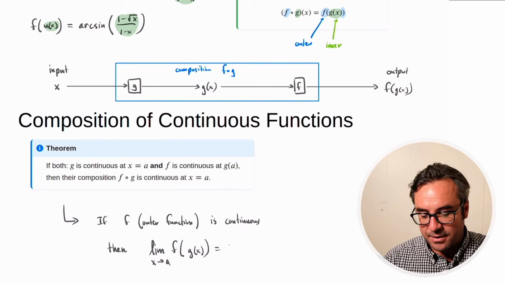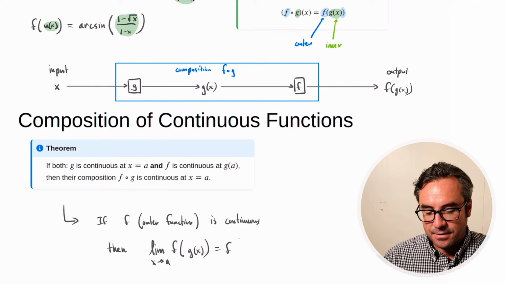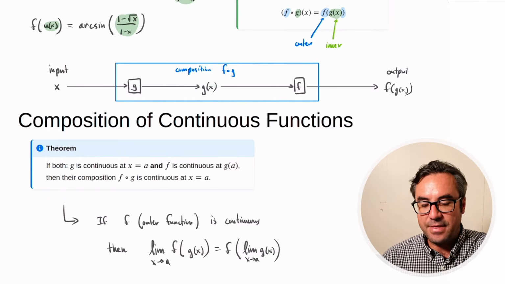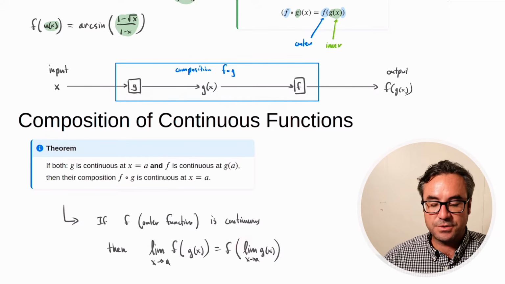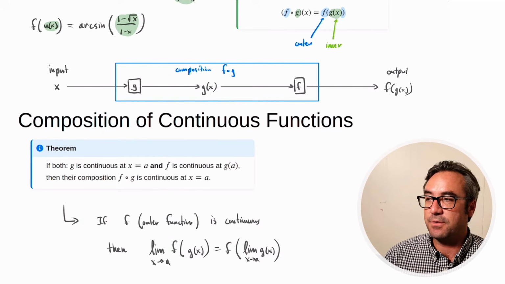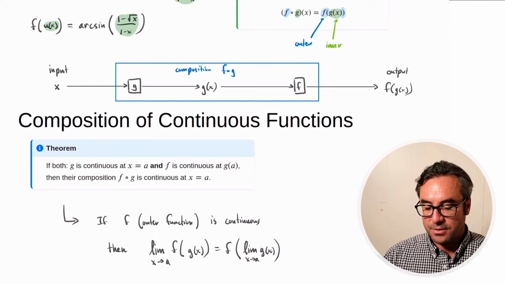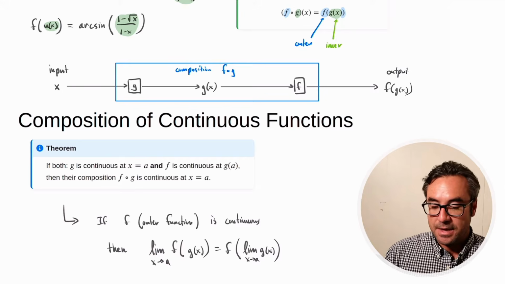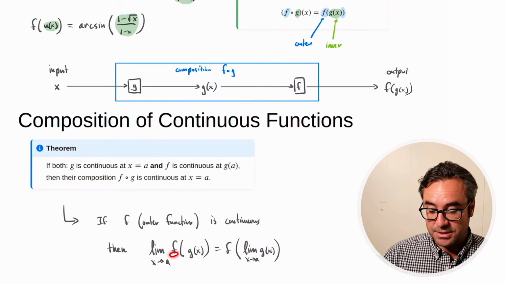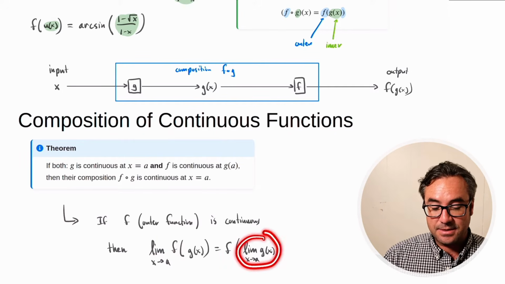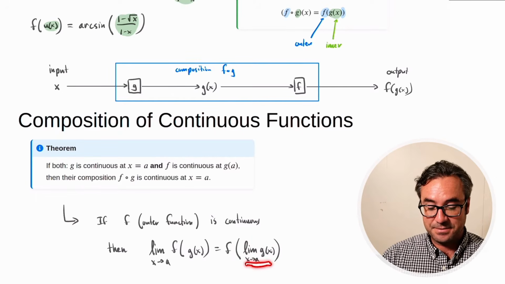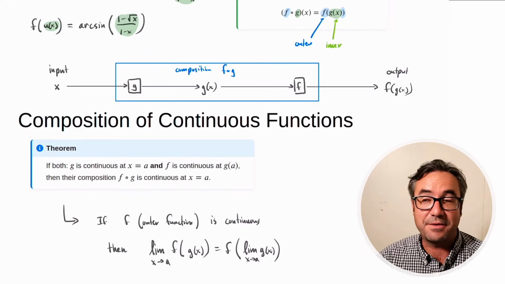So in a way, we can think of this as, first we figure out the limit of the inner function, see what we get there, and then once we figure out that result, just plug it into the outer function. You can think of this as taking the limit sign and moving it inside the continuous function. Now this only works if that outer function is continuous and the limit of the inner function is actually a number in the domain of that function.